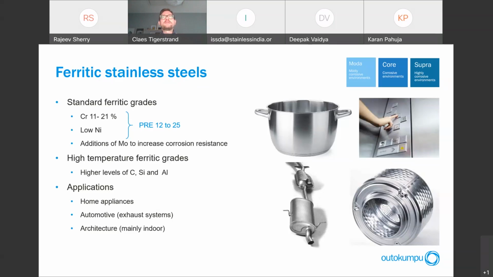So we see a great use of ferritic grades in those applications. And then in automotive, ferritic stainless steel is used for the exhaust system, and also for architecture. And of course, due to their limited corrosion resistance, it's mainly for indoor applications.